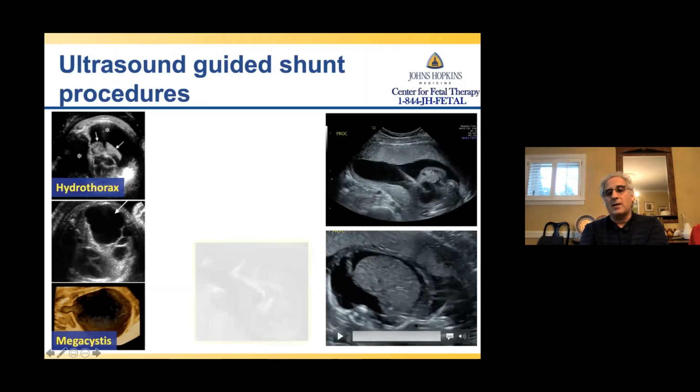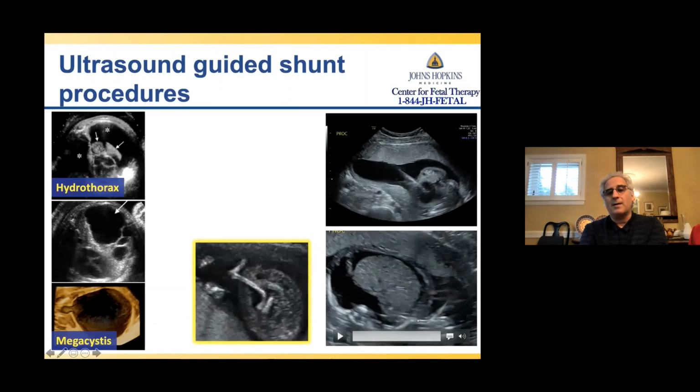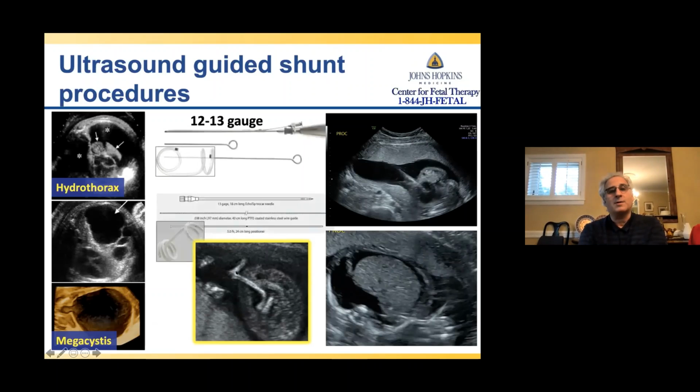And what you see on ultrasound, these double echoes, is basically these pigtail shunts. In this image, you can make out this is the bladder of the baby. Here are two coils of the shunt, then the straight portion, and then the other loop outside in the amniotic cavity. So what this does is bypass the obstruction.